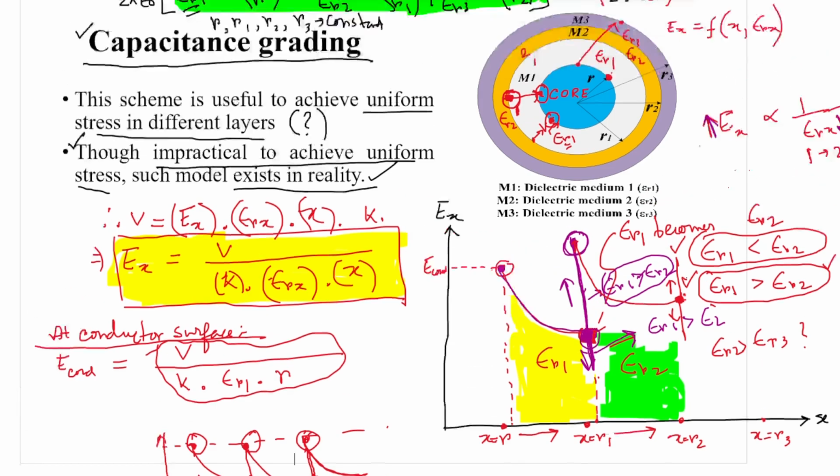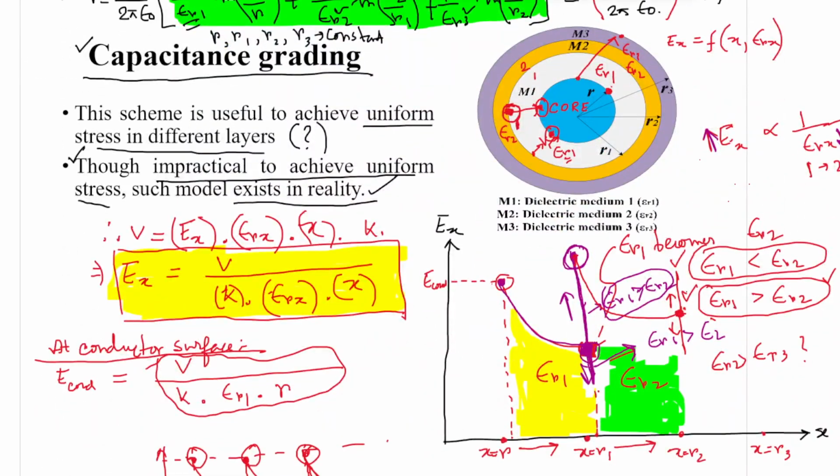So whatever stress you get on the conductor surface, the same you will observe at this point, and the same at this point.